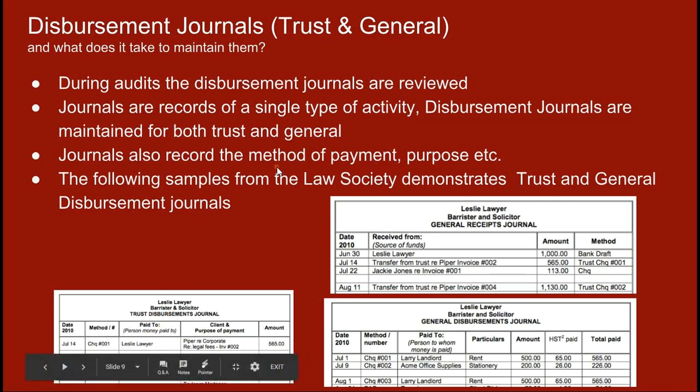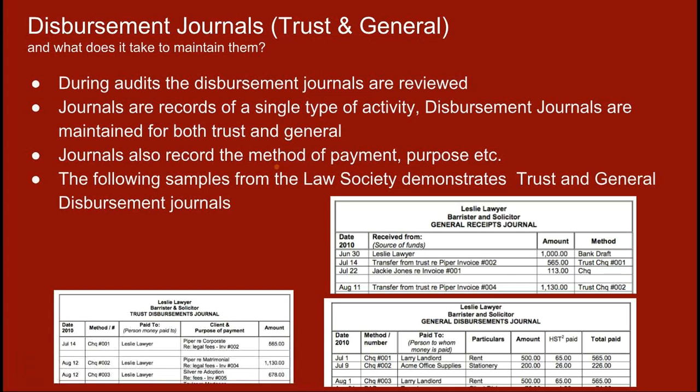And apart from ledgers, you do have the disbursement journals. We spoke about those two being the two big building blocks. So within the journals too, you do have trust and general journals. An important differentiation, if you will, between the ledger and journal is that the journal does record the method of payment, the purpose, etc., some additional pieces of information that was not available in the ledger.